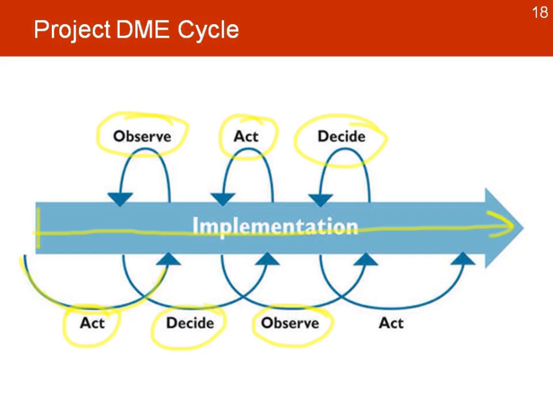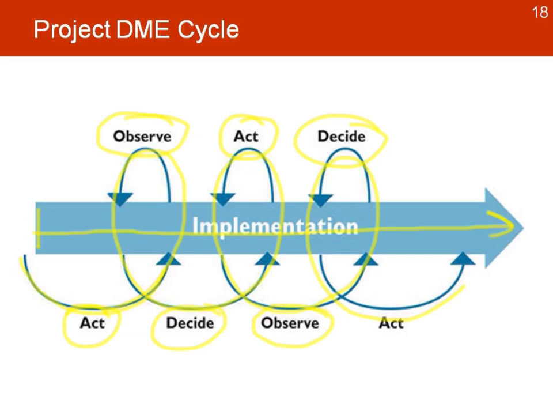So as you start seeing, we have all these loops that happen during the implementation of a project, and that helps us inform about what the project is doing, what is happening, and what we need to change if we see that the original plan, the original design, is not achieving its intended objectives.